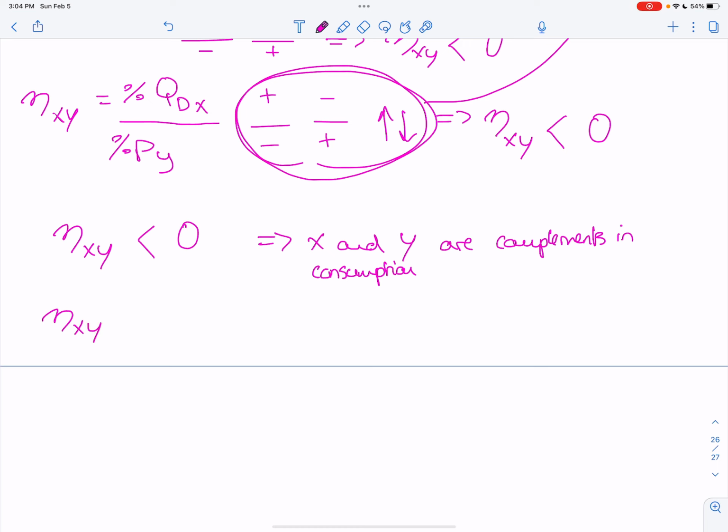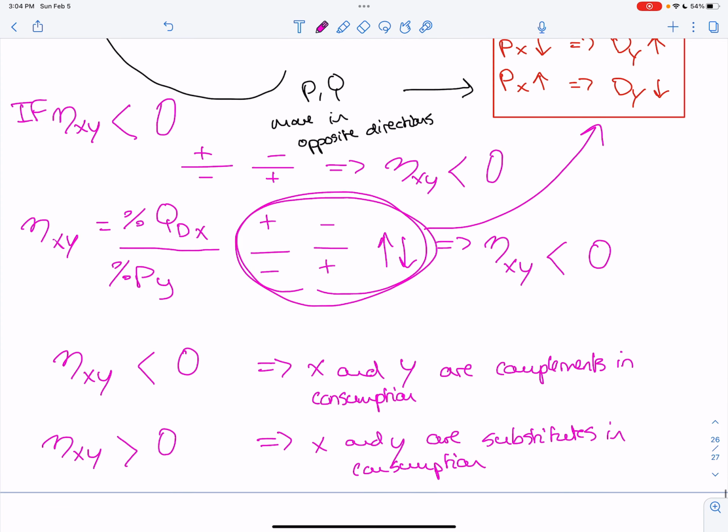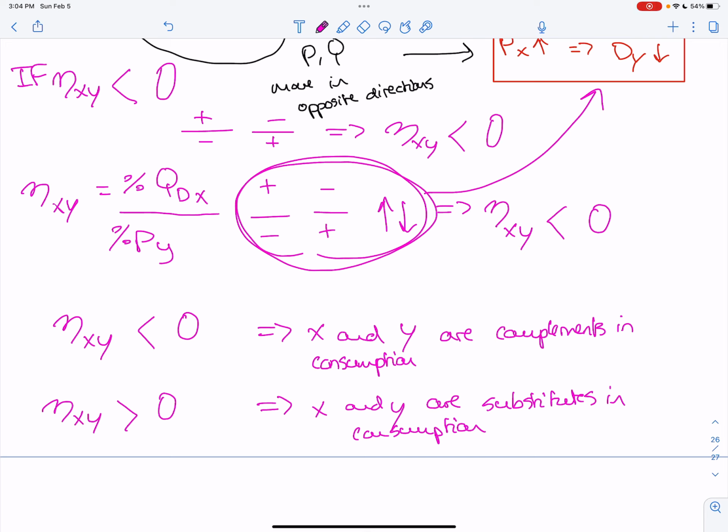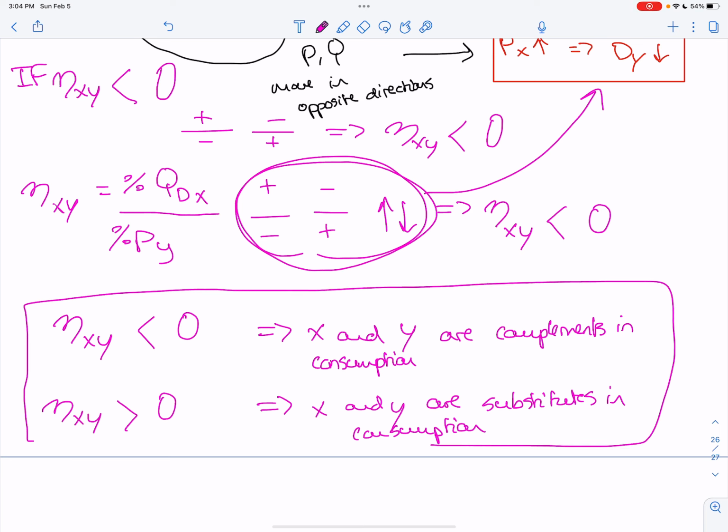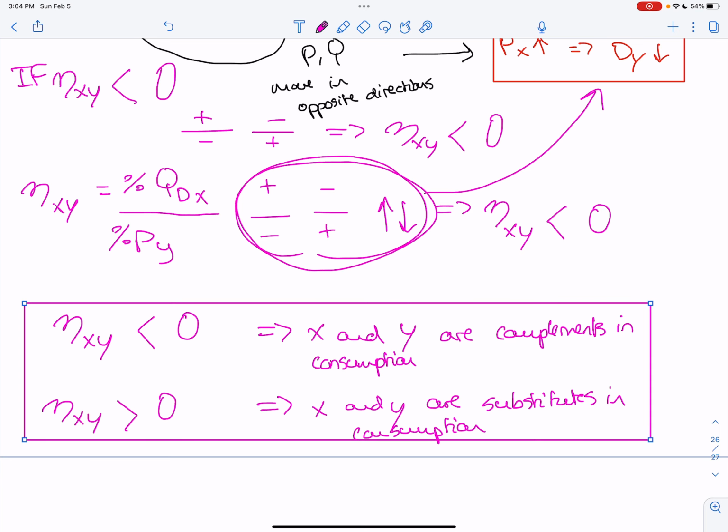And if the cross elasticity is positive, then X and Y are substitutes in consumption. Okay, so needless to say, when you're calculating cross elasticities, you also should not be taking absolute values because the signs are actually important. The signs will actually tell you whether the goods are complements or substitutes.